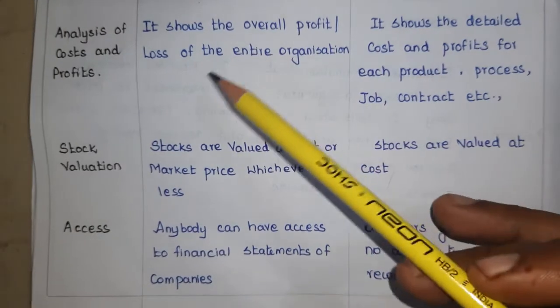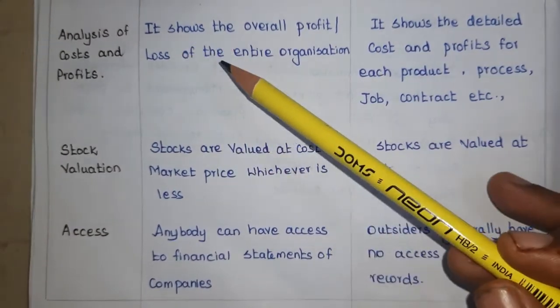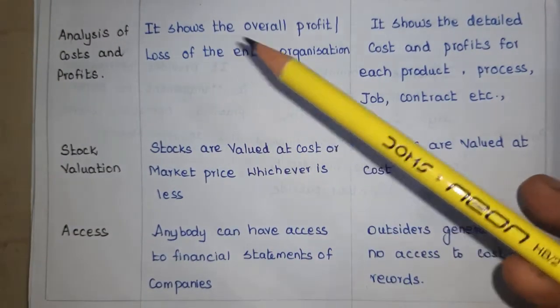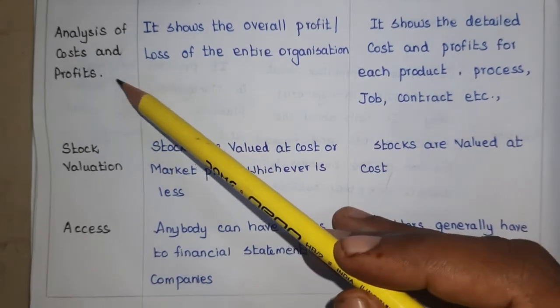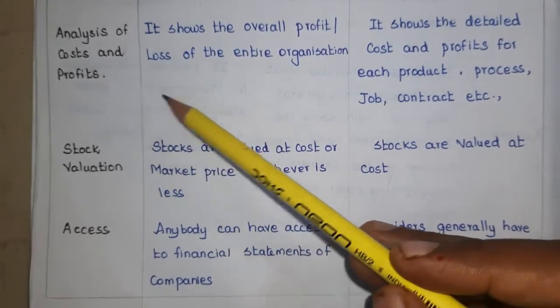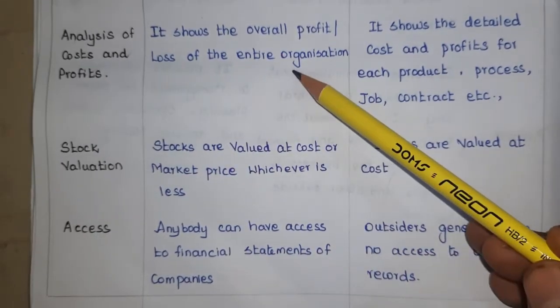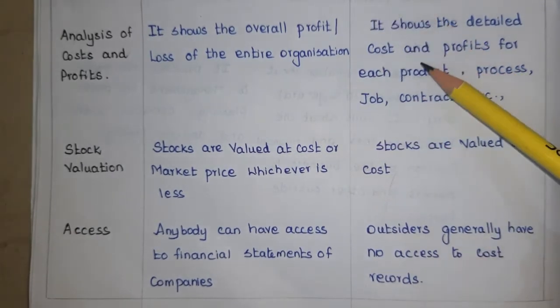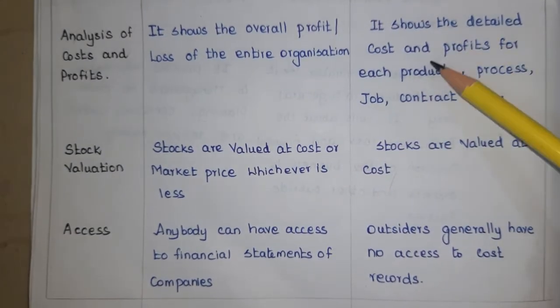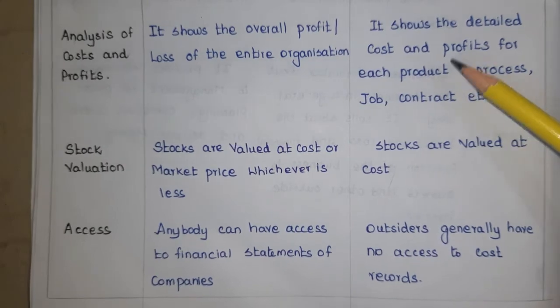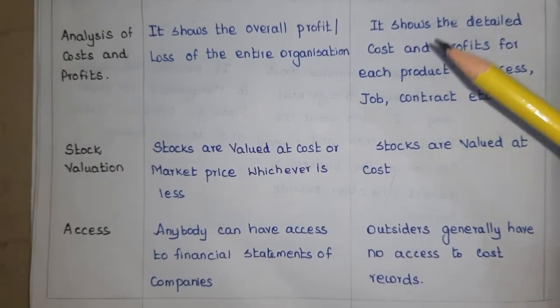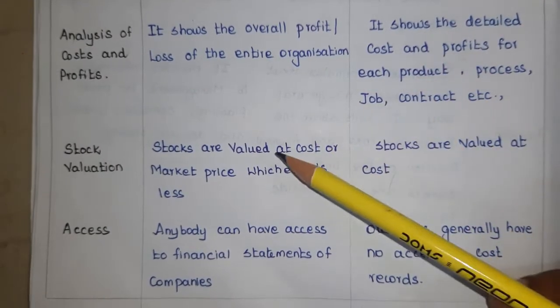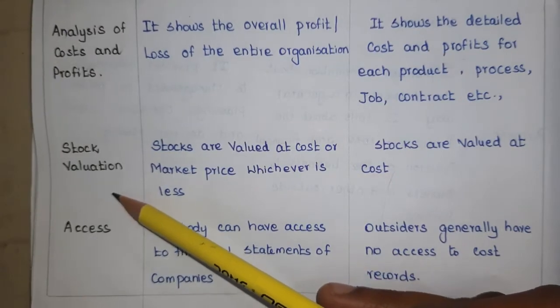The next point of distinction is that in financial accounting, analysis of cost and profits is for the entire organization. In cost accounting, the detailed cost and profit will be shown for a particular product or process. The next point, stock valuation.